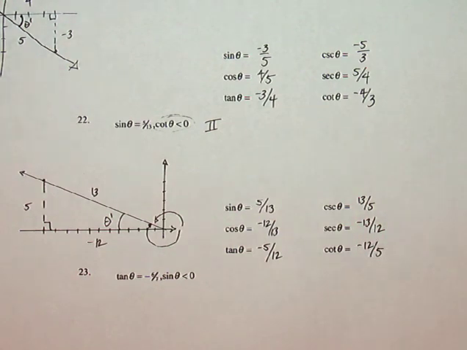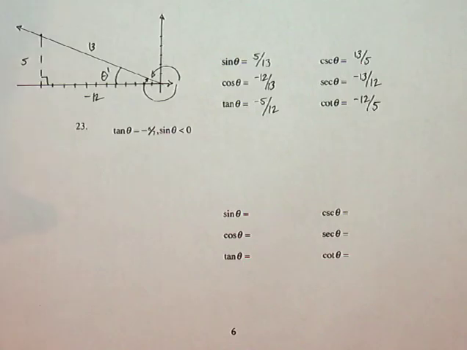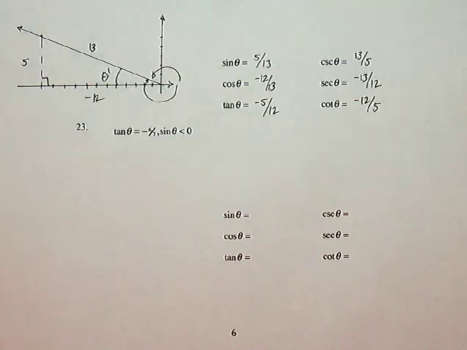Okay. Now, let's go ahead and move down to 23. This is a little bit different because the last one started with sine and cosine, and we're used to sine and cosine representing unit circle ordered pairs, and we know where they're positive and negative, but sometimes we have to stop and think for a second about where tangent is negative.